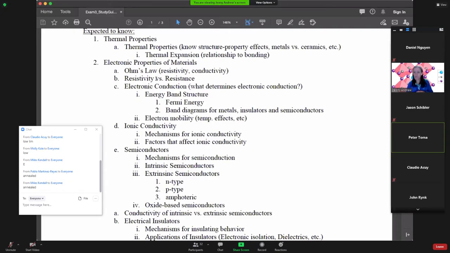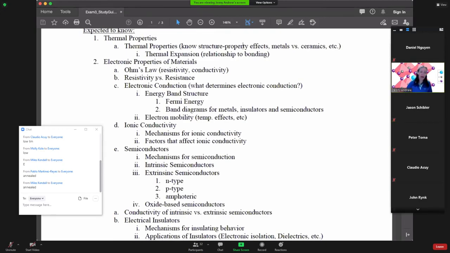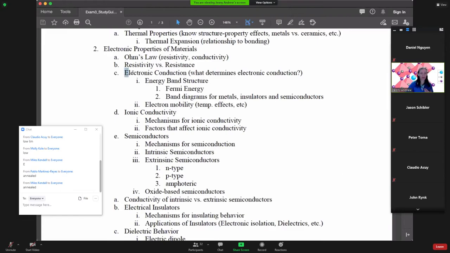Probably an annealed alloy because the grain. Okay, so the larger grain size means there's fewer places where the flow of electrons is interrupted. Yeah, so if you have an annealed alloy compared to a quenched one, it's going to be more homogeneous. There's going to be less scattering. Great.